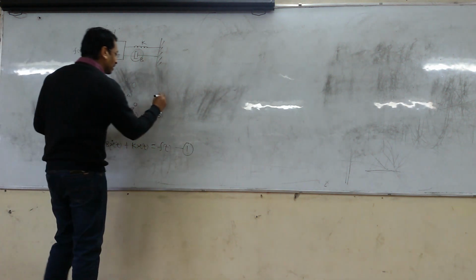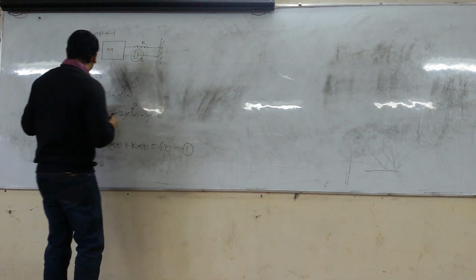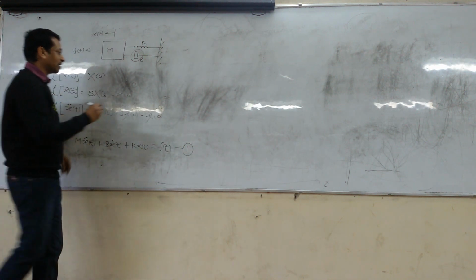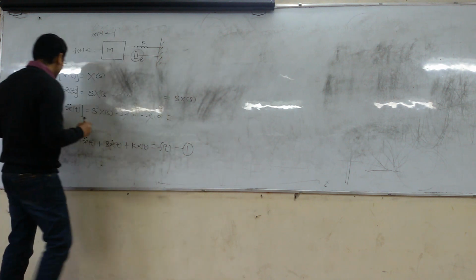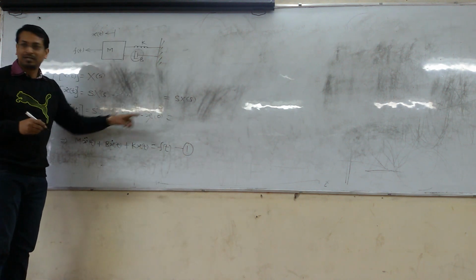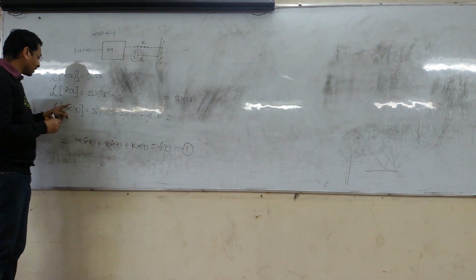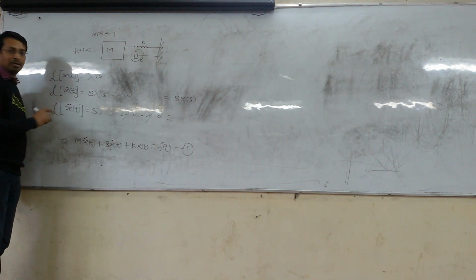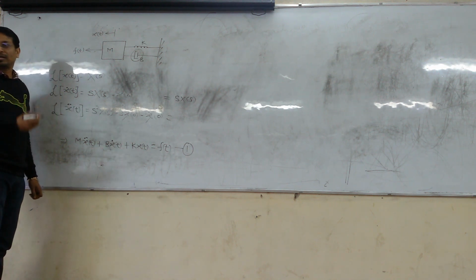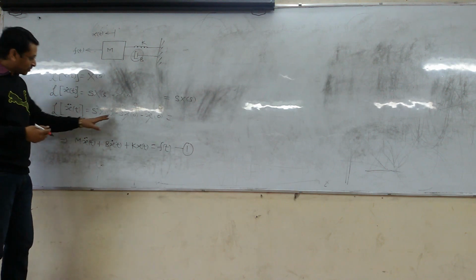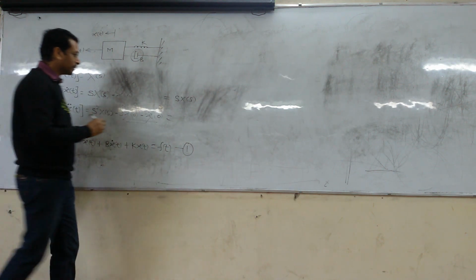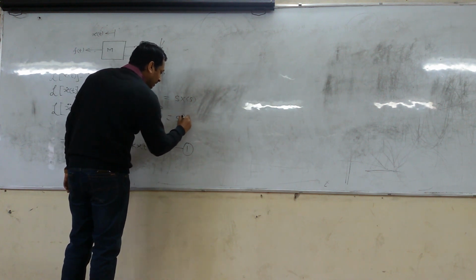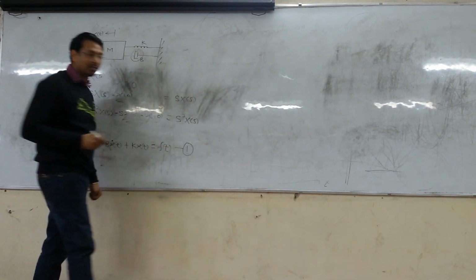You can just say the Laplace transform is s into X s, and without going into much detail, you will directly say that, okay, the double dot is there, so s square will come, triple dot is there, s cube will come. So we are not going to bother about this element. So s square X s, correct?